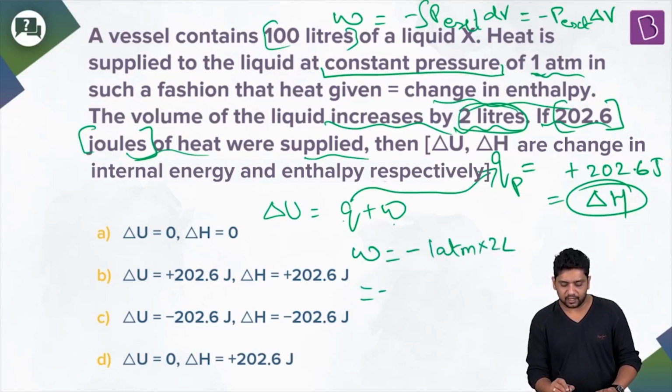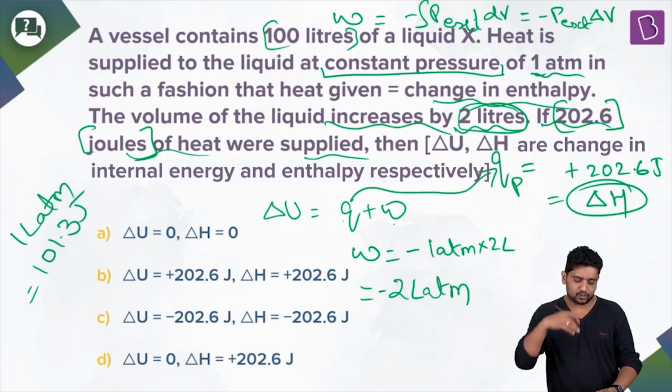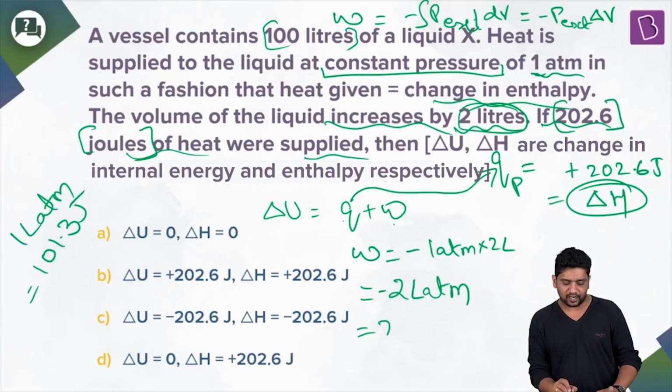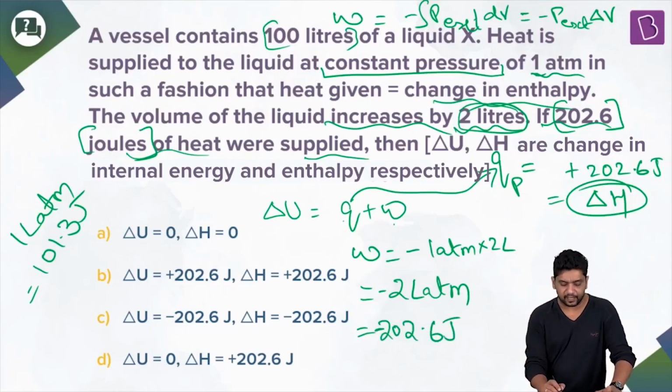Which means that work done is minus 2 liter atmosphere, and 1 liter atmosphere is 101.3 joules, we know this. So 2 liter atmosphere would mean 202.6 joules. Of course, this is with a negative sign. Expansion is what is happening, so obviously work done will be negative. Work done is negative 202.6.